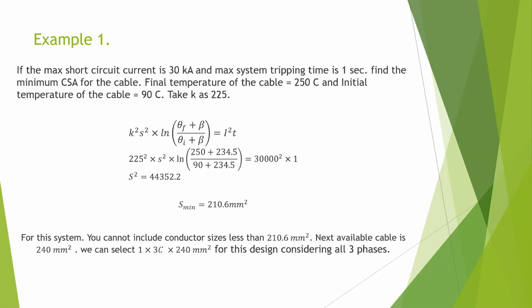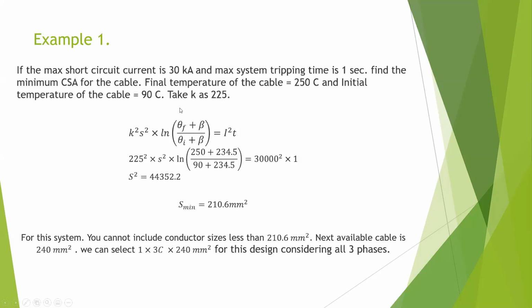Usually K we take as 225, which is close to this value, and after having all the data included in this equation, you can find the minimum cross-section area for a conductor.